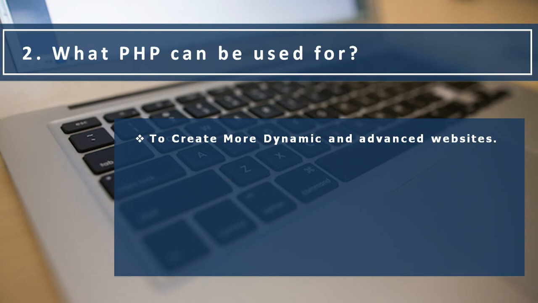Now, in order to have such features on our website, we need to have a server-side scripting language like PHP, as well as what we call a database. A database basically, as the name implies, is used for storing data or information.